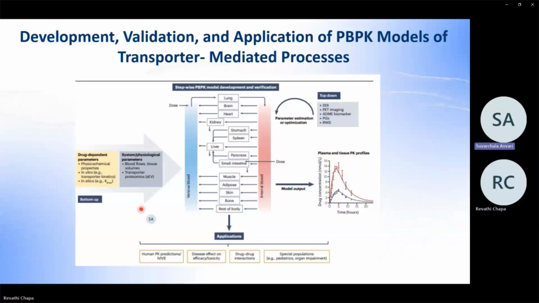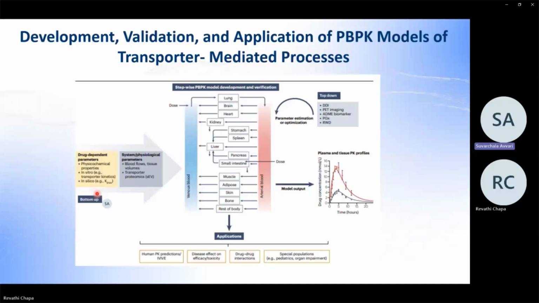So what we do is we always go for fit for purpose modeling approaches. So either we go for the top-down approach or the middle out approach to support the clinical trial decisions by fitting the existing clinical data, which may require minimal in vitro and mechanistic knowledge compared to the bottom-up approach.